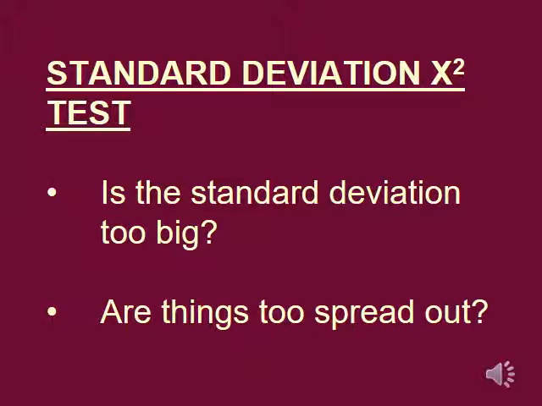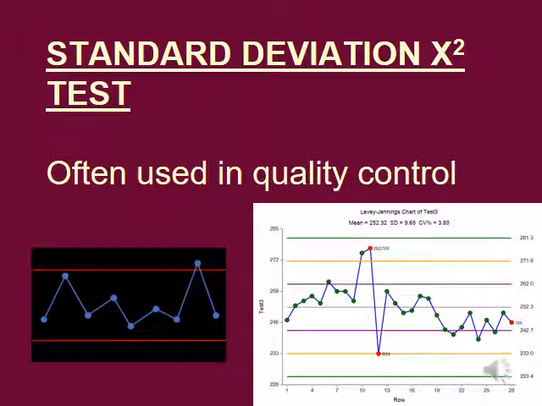What that would mean is that for one reason or another, your data is too spread out. The place where that mostly matters is in the field of quality control. In industry, any product that you make, there's going to be a very slight variation between each one that comes off the line and the next one.